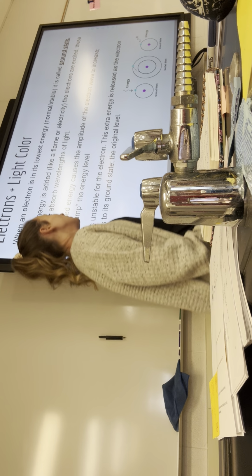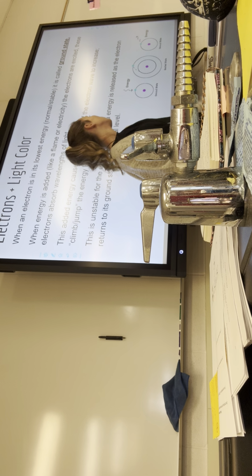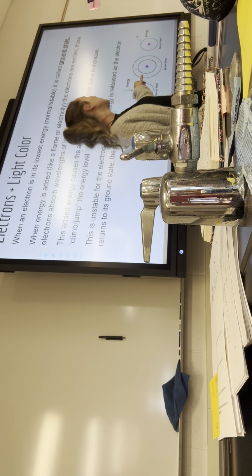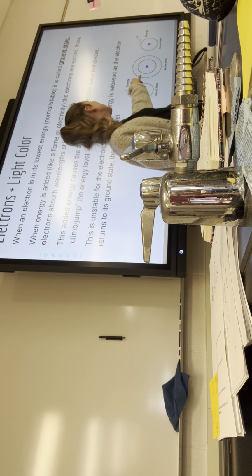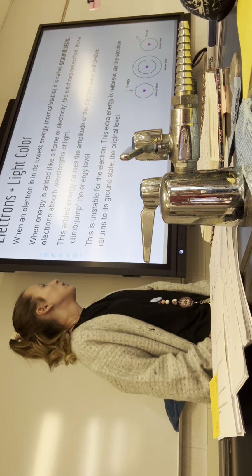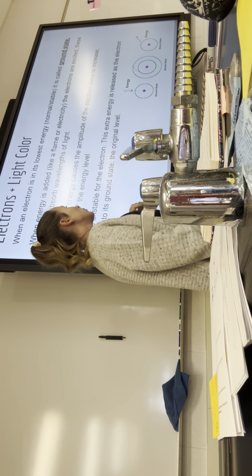Let's look down at this image. You guys should have this as well. We talked about how this first image here is the electron at its ground state, and we're adding some sort of energy here. This energy is allowing for the electron to jump up to that next energy level by increasing the amplitude of the waves.